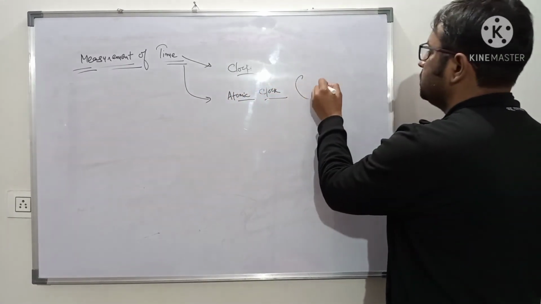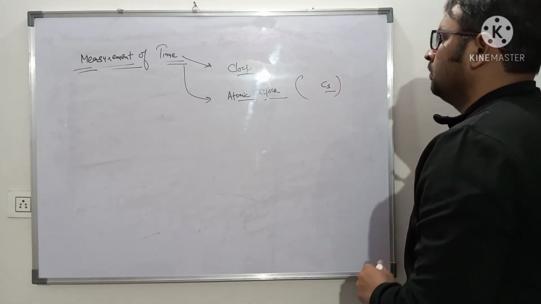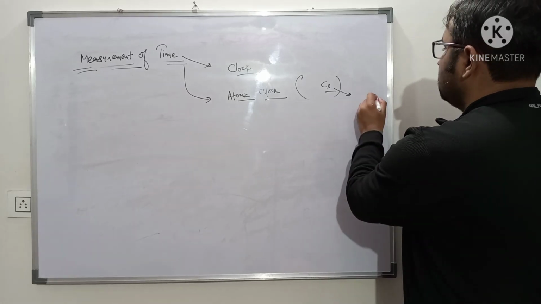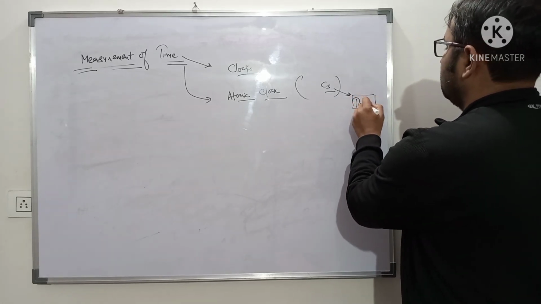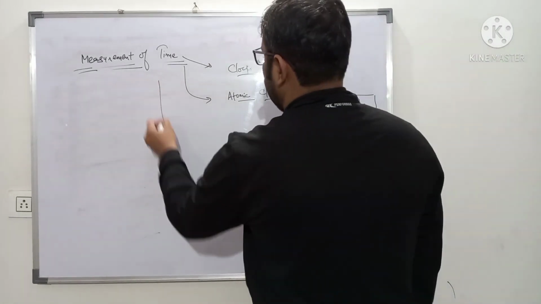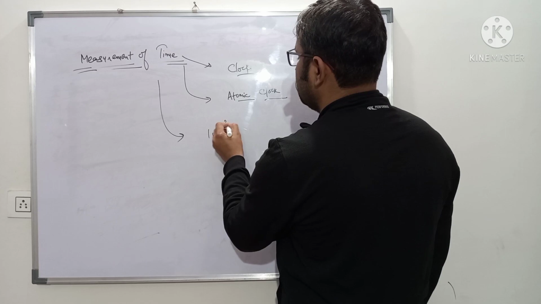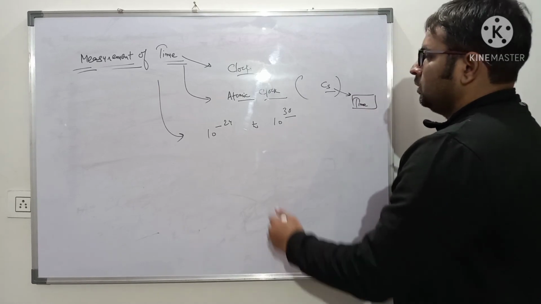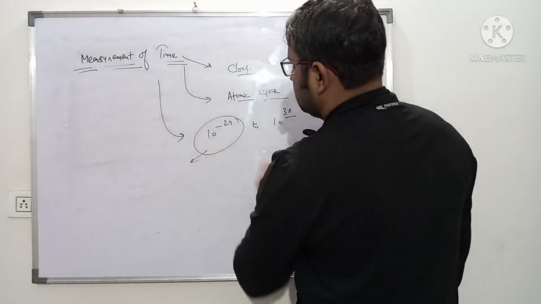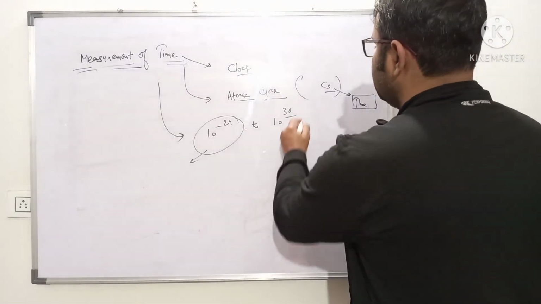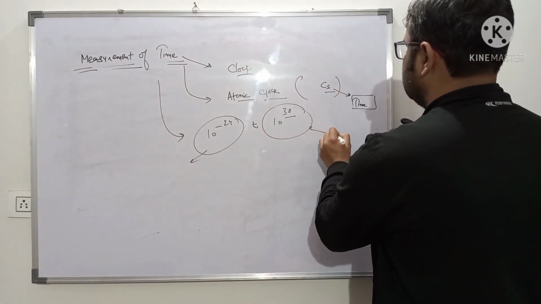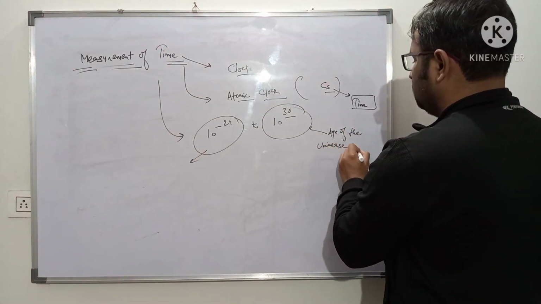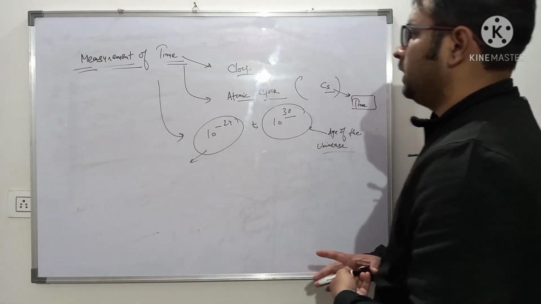It uses cesium and the property of electromagnetic waves to calculate the time. Time ranges from 10 to the power minus 24 to 10 to the power 30. This is the life of the most unstable particle in the universe, and this is the age of the universe. So time also has a big range.